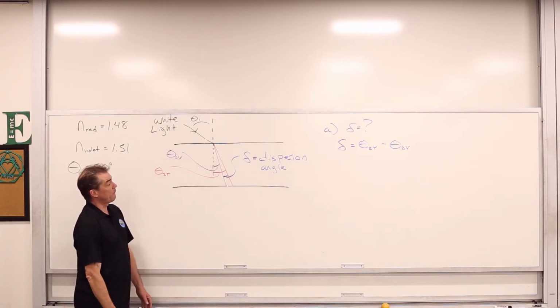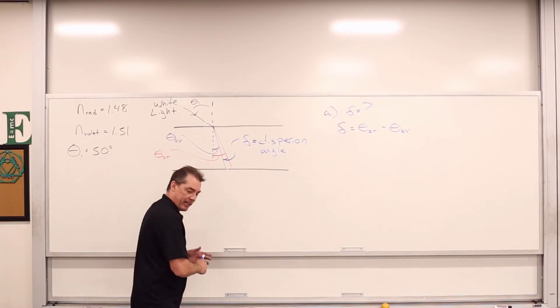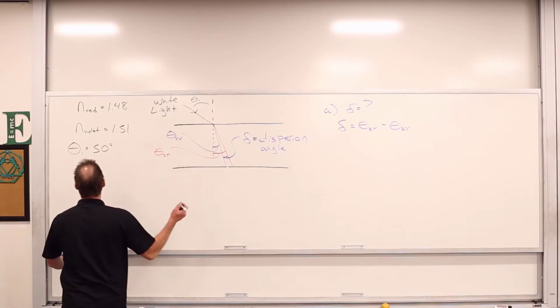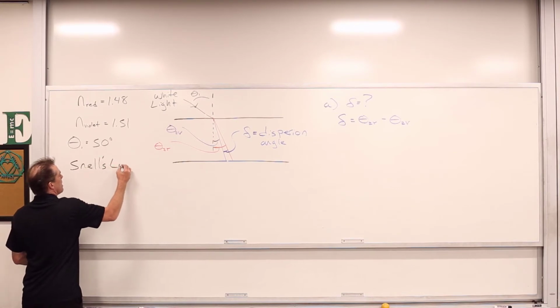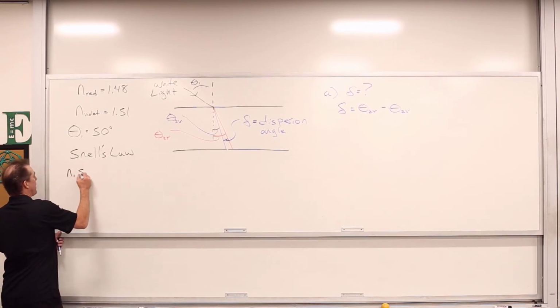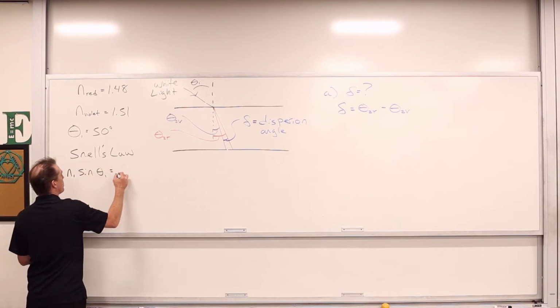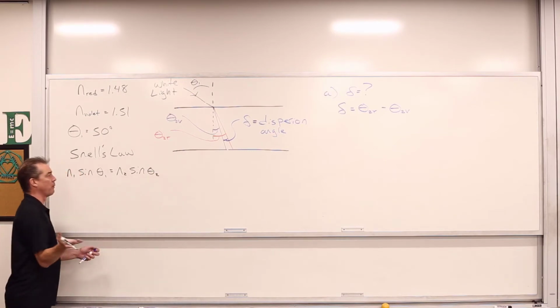All right, so it's just a matter of finding what is theta 2 red and what is theta 2 violet. What does that come down to? Snell's law, that's right. Snell's law is ultimately the law of refraction that says that n1 times the sine of theta 1 is equal to n2 times the sine of theta 2 in general.